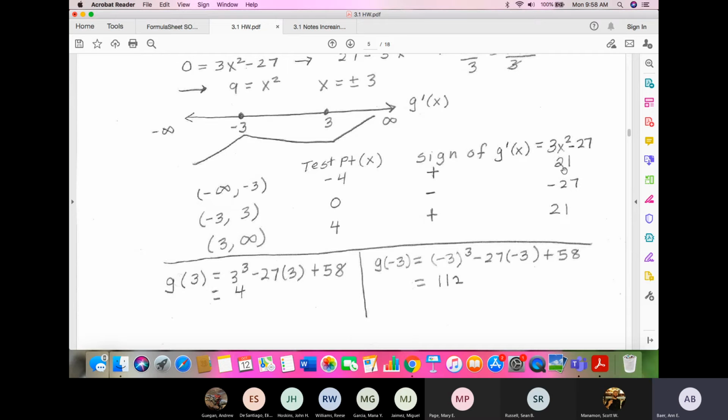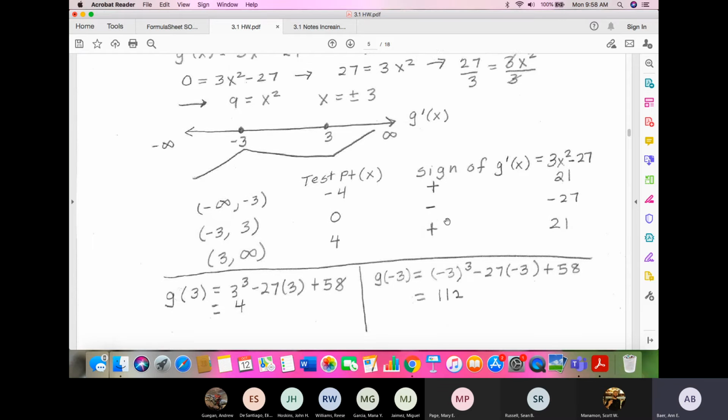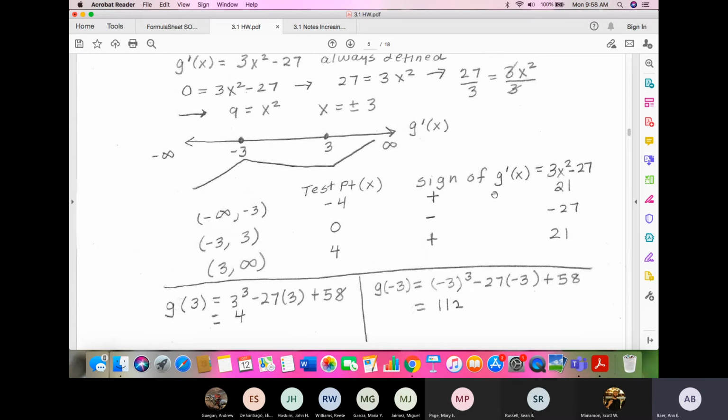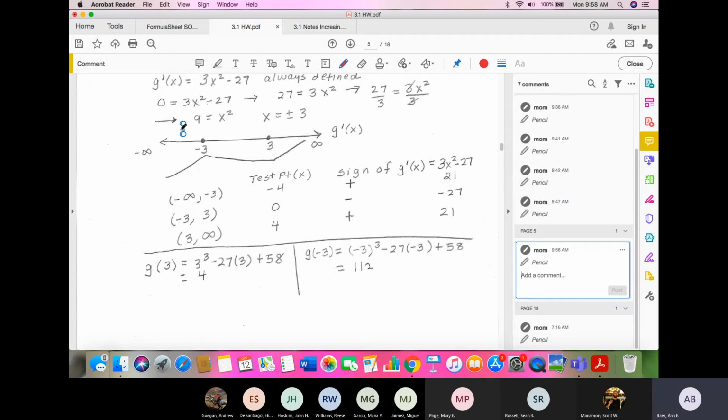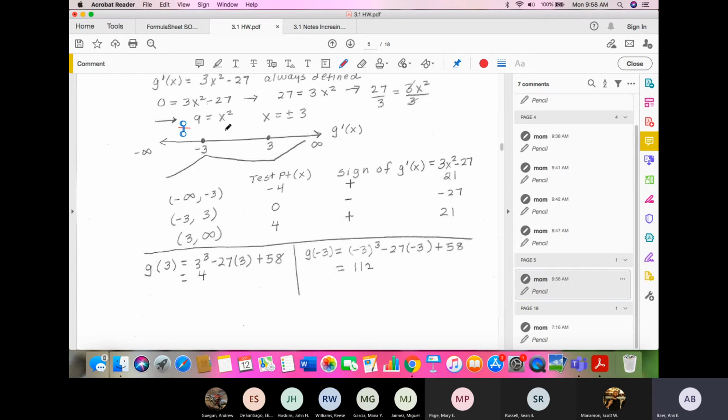But the point is, this 21 is positive, this -27 is negative, and this 21 is positive. We're looking for the signs. And I should have marked in the signs here, and let me do that real fast. So we've got plus, minus, plus.